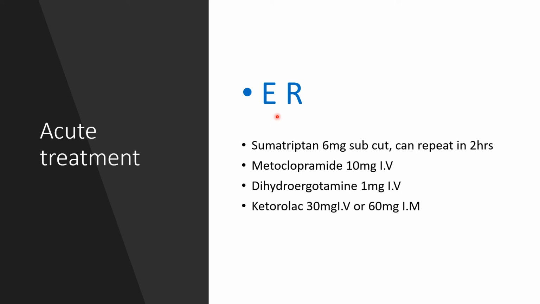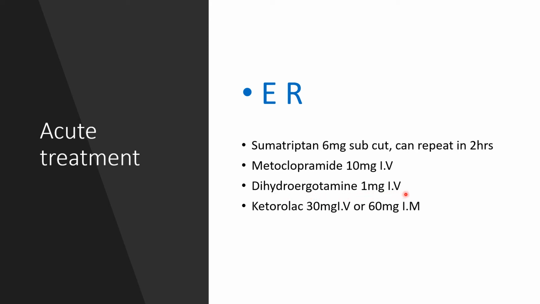In the acute phase, we end up in the emergency room. There, sumatriptan 6 mg could be given subcutaneously, and we can repeat that in 2 hours. Vomiting can be handled with metoclopramide 10 mg intravenously. You might give your IV fluid if the individual is already dehydrated from massive vomiting.